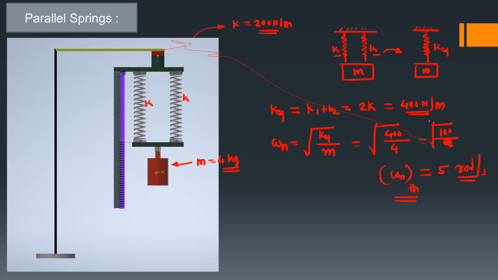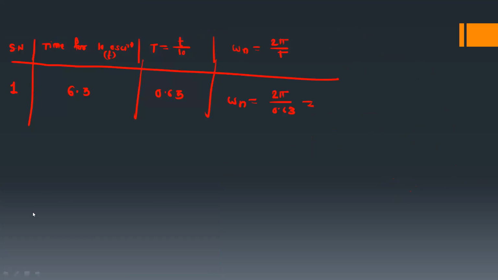Okay, just correct this. So this is 400 by 4, this is 100. So this is a 10. And this value, it is 9.96.